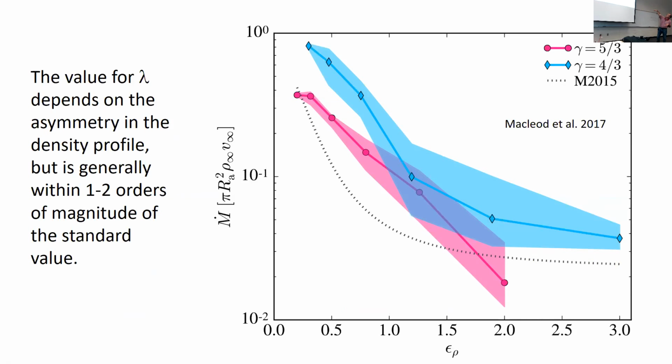The blue and the magenta are gamma equals 4/3 and 5/3 gases. And then he has what he's getting for the accretion rate. And it's near 1 or 3 to 1 with no gradient. And as he goes down, it gets a higher and higher density gradient. It can drop by an order of magnitude.